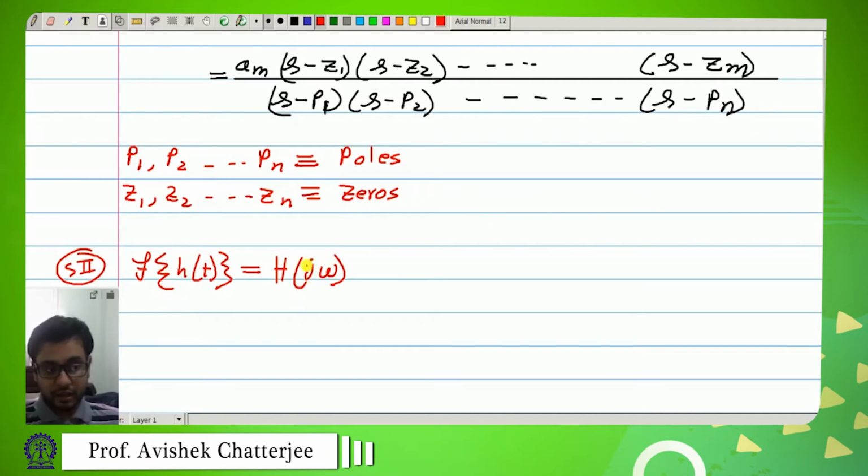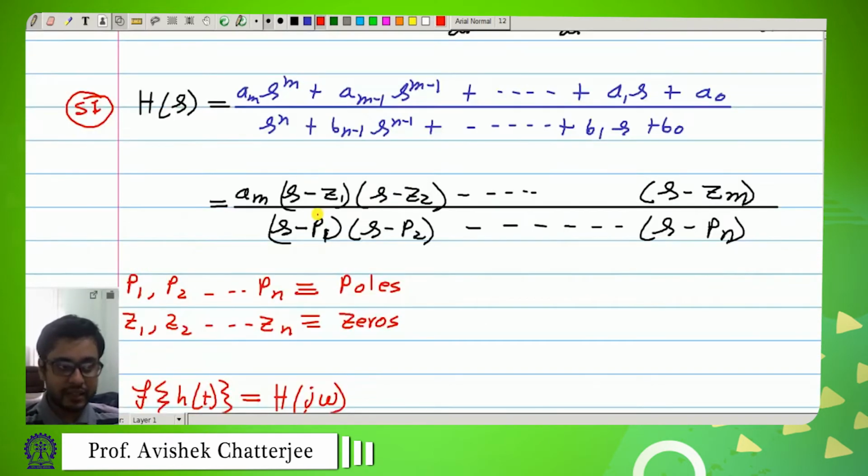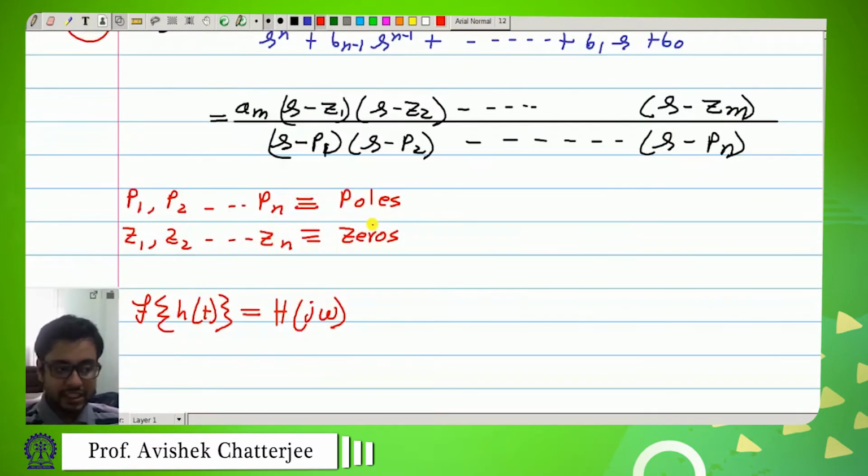For example, if we assume that all the roots in this denominator polynomial, that means the poles, have negative real part, then when you take the Laplace inverse, you will get all exponentially decaying terms, and therefore h(t) will decay to 0 after some time, and it will be square integrable and the Fourier transform can exist.